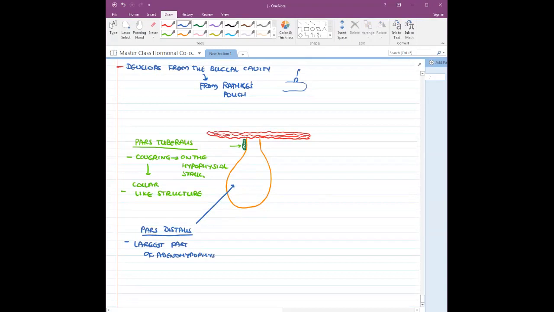The second important thing is, inside this, right in the center, we said you are going to have this intermediate lobe, which is going to be running down like this.